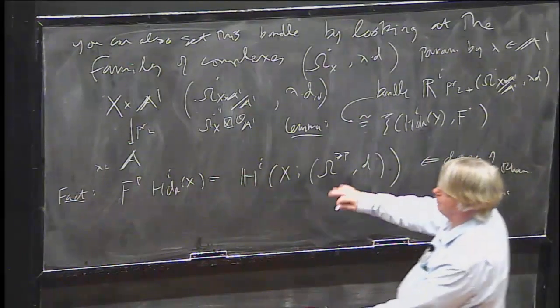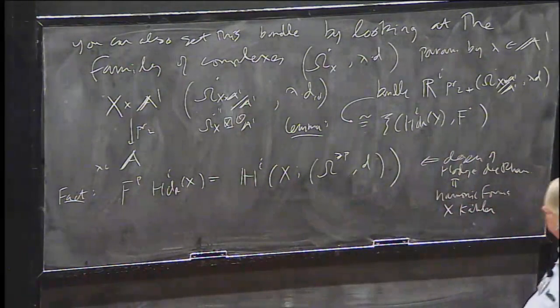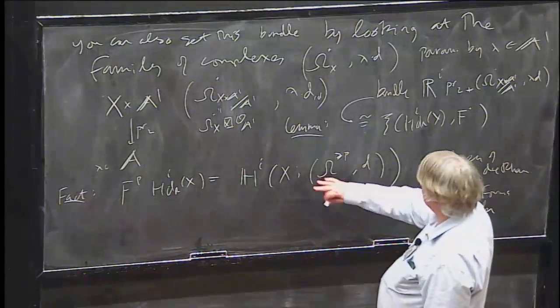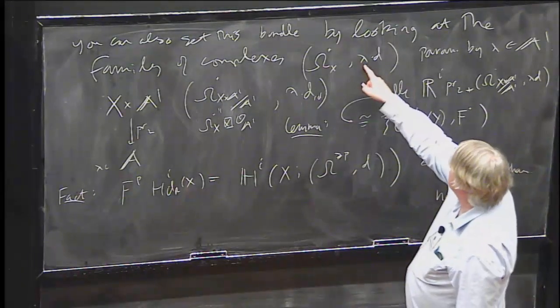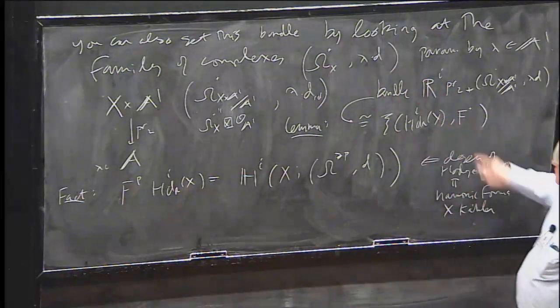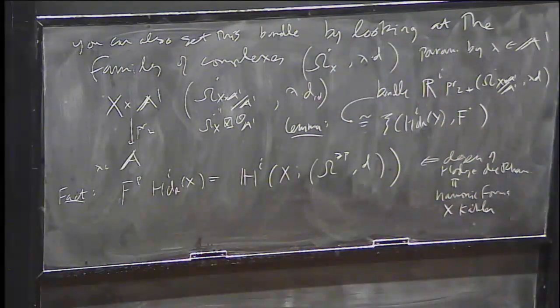I should have said that before. But this is a kind of classical fact, and using this fact, it's kind of easy to see that when we do this construction with the complexes, you get the same thing as this Rees construction.